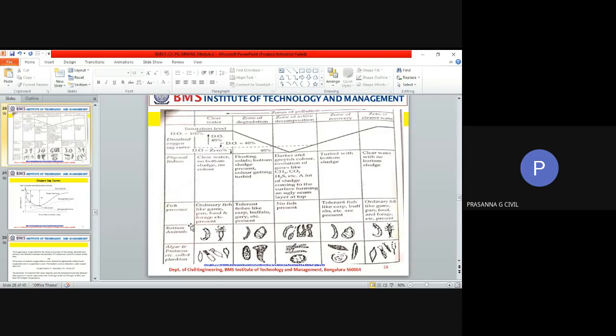So initially you have all types of fish and all. After that, when the degradation starts, some of the sensitive types will completely disappear. Okay, even the mollusks and algae and other types of plankton remain very few. There is a stage of active decomposition where almost all your aquatic fish and other things will completely disappear.